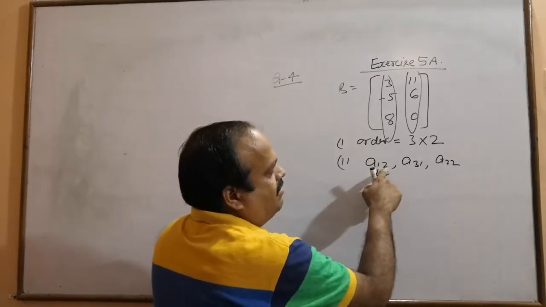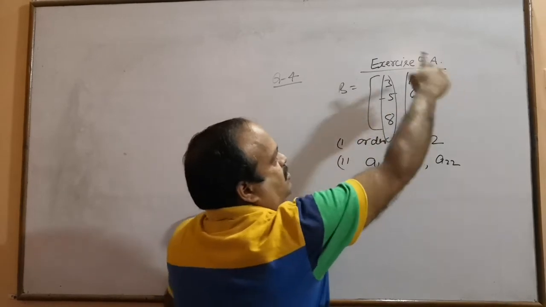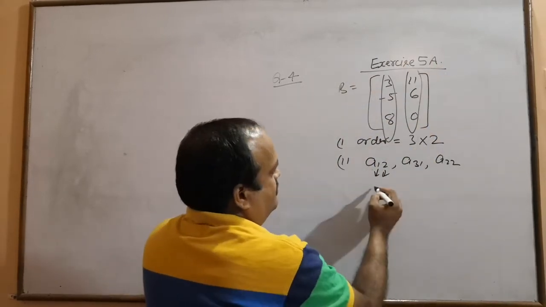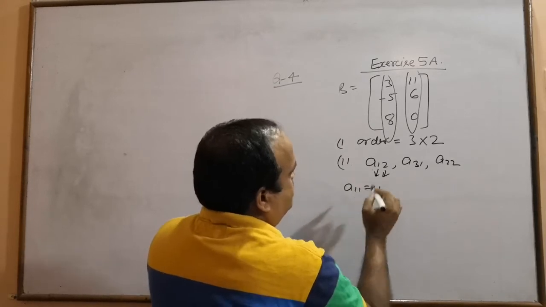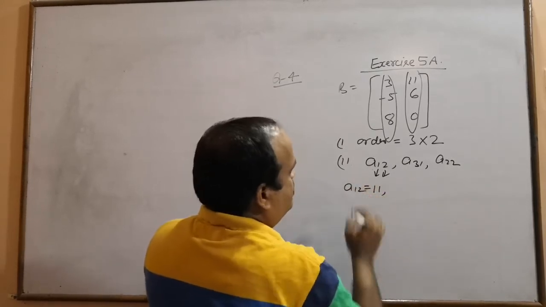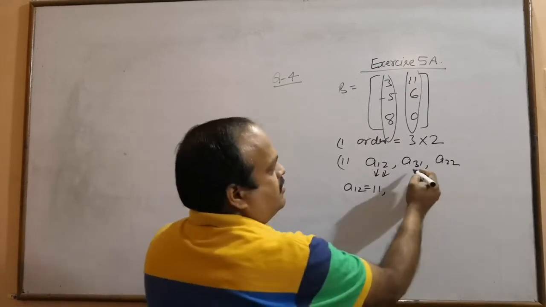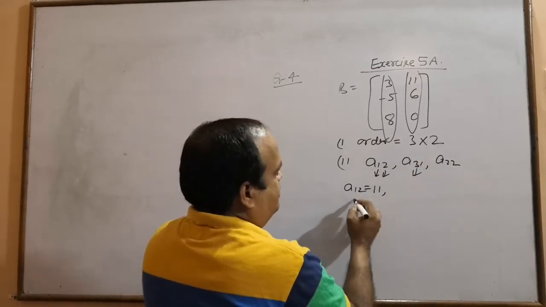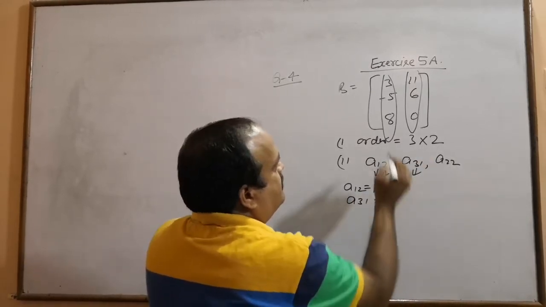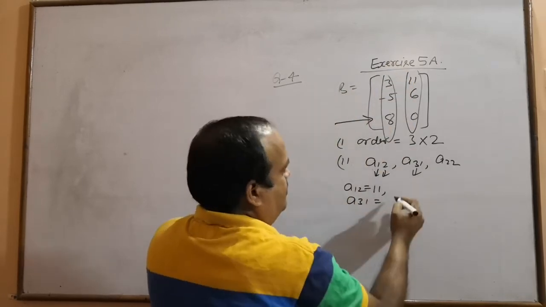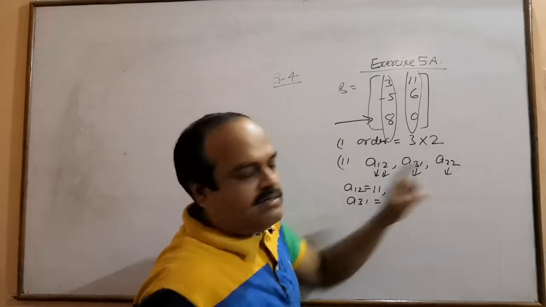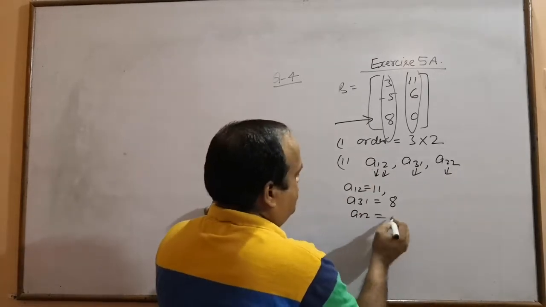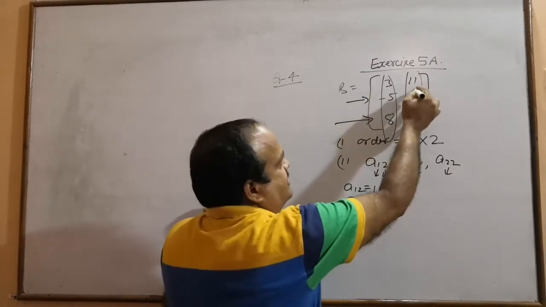First row, second column: 11. Now A31: third row, first column. 8. Then A22: second row, second column.